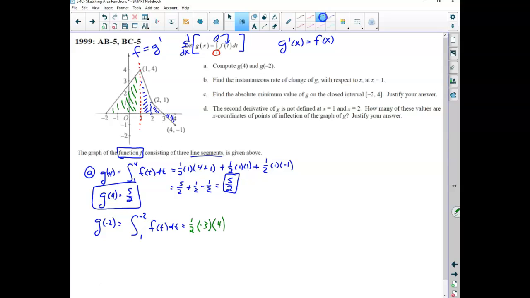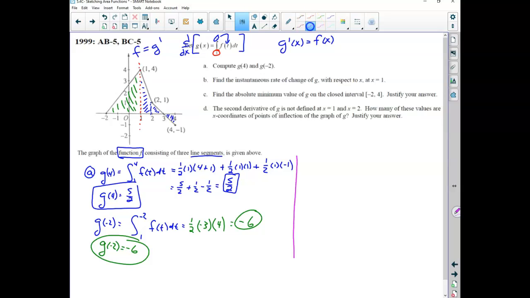So it's basically 1/2, or negative 6 is what G of negative 2 is going to equal. I'm just accumulating area, but you got to keep the direction of which you're accumulating: above the axis, below the axis, delta x positive, delta x negative. What's it going to be?